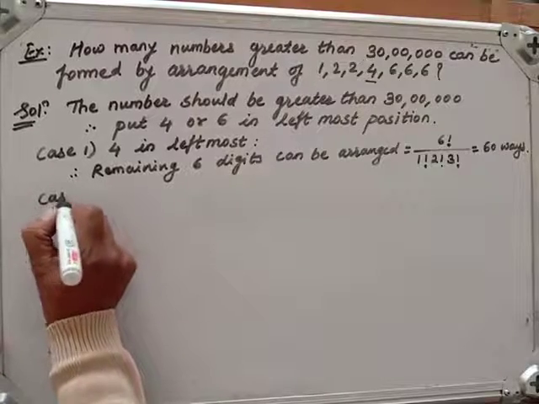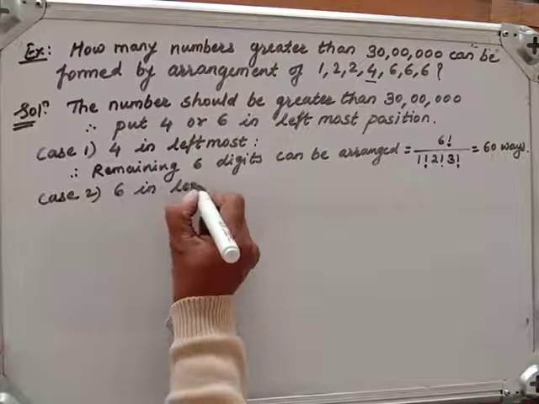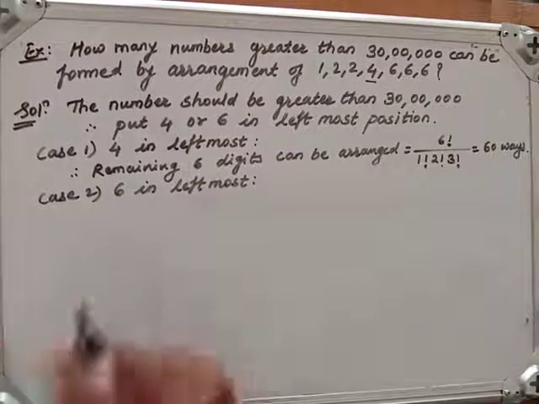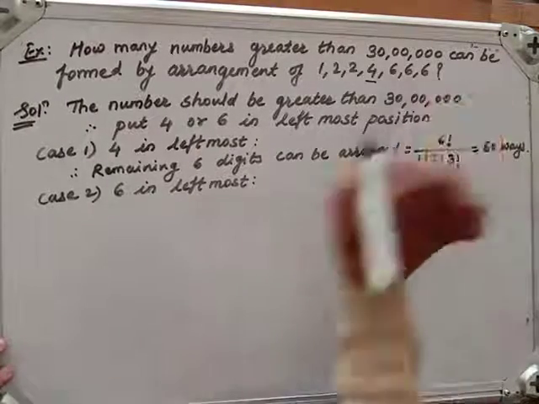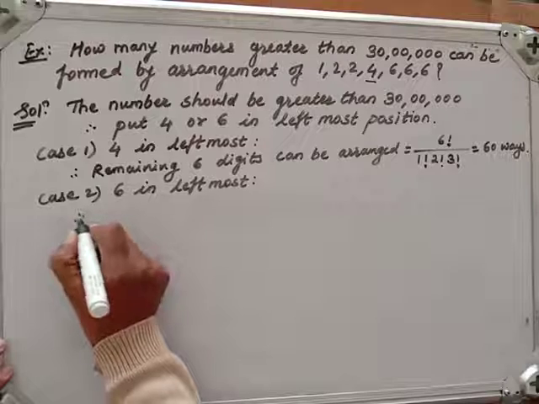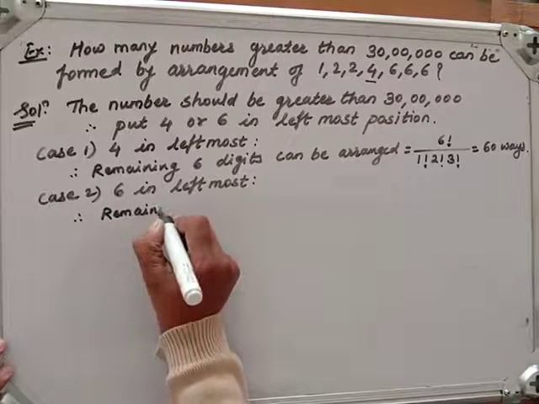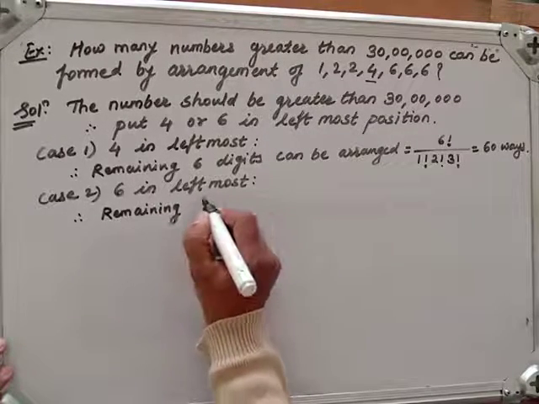Now case 2, that is for 6 in leftmost. When 6 is in leftmost, there are 3 sixes. So therefore the remaining, any one of them will be at leftmost position. So remaining are again how many? 6.